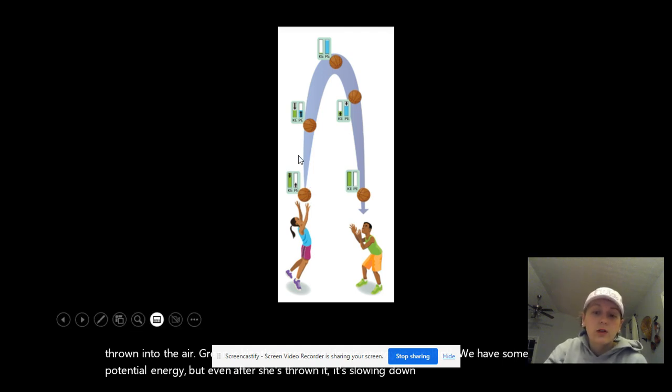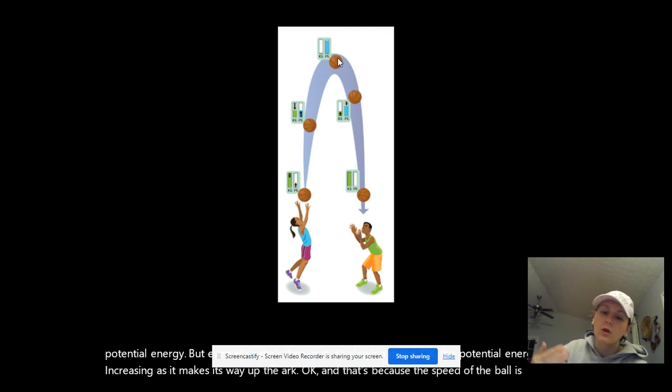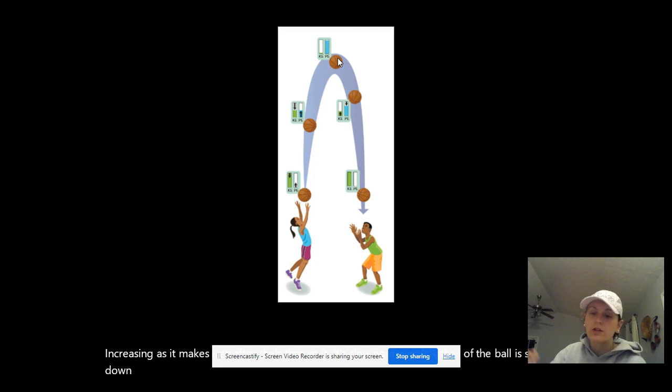The potential energy is increasing as it makes its way up the arc, and that's because the speed of the ball is slowing down. Kinetic energy is transferring into potential energy because our speed is decreasing.